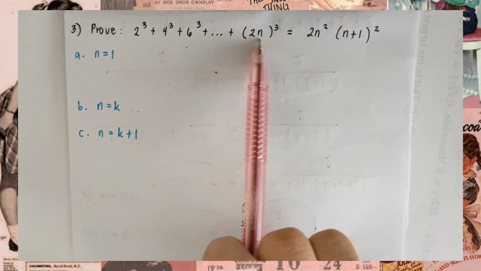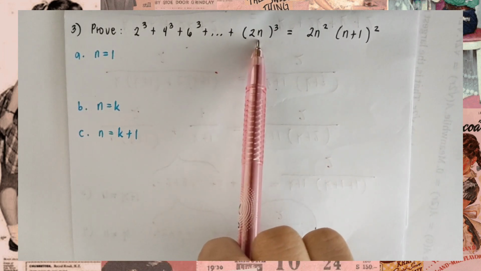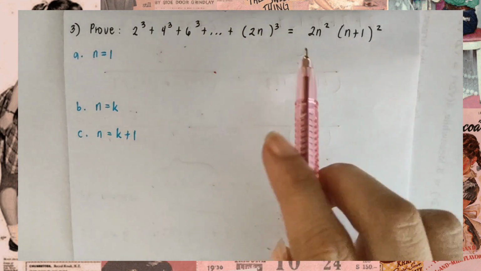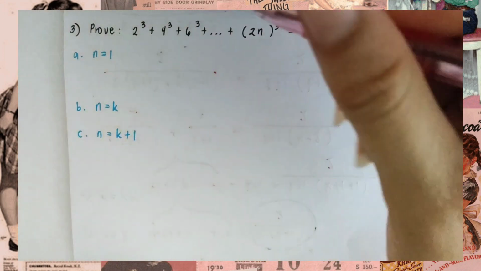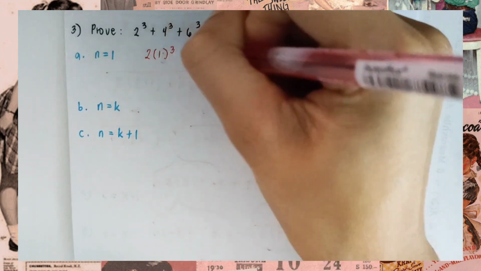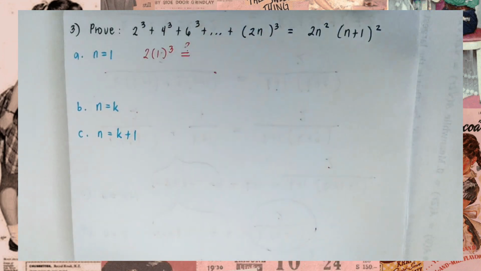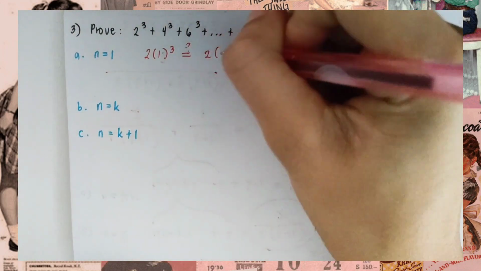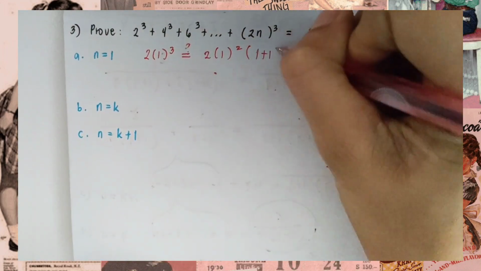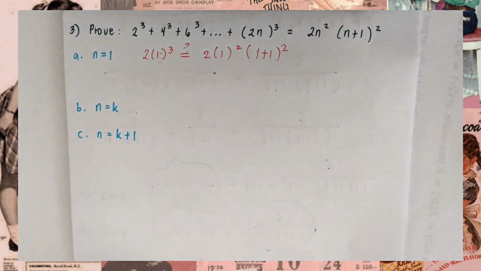So change this with 1, our n. Same with the right side of the equation. So we have 2 times 1 cube, 2 times 1 squared times 1 plus 1 squared.